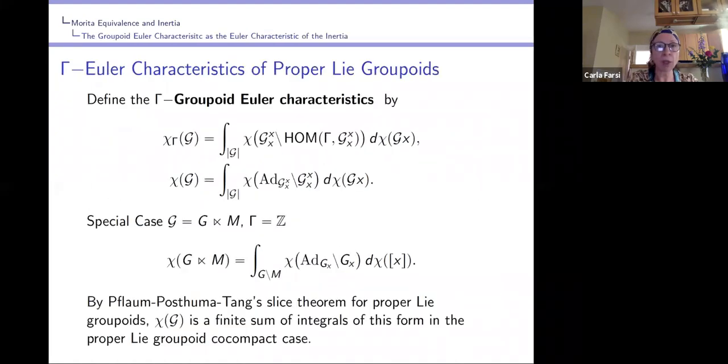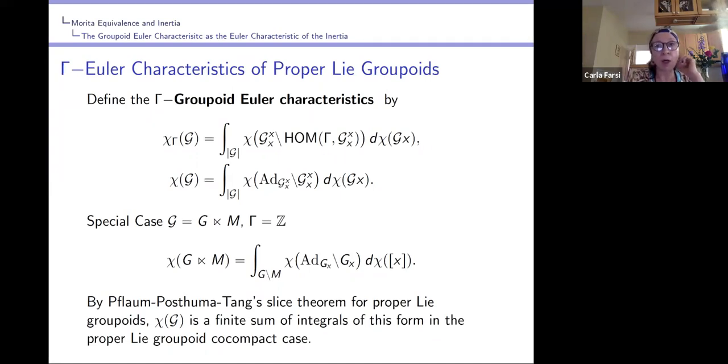So that's what allows us to define the Euler characteristic for this groupoid case. Again, if you don't like the gamma, just think of gamma as being Z, and that would be a special case.